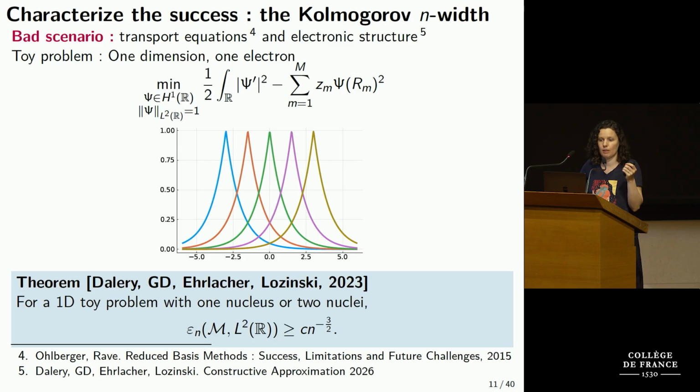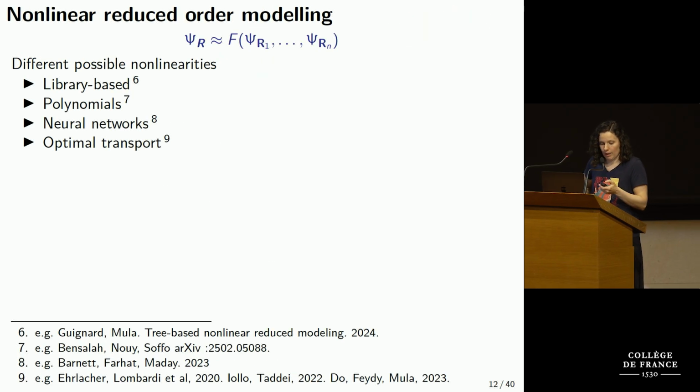If we change the position of the nucleus, the solution is just translated. And what we showed for this problem is that the linear Kolmogorov n-width decays as n to the minus 3/2, so pretty slowly. And so we needed to introduce some nonlinearity.